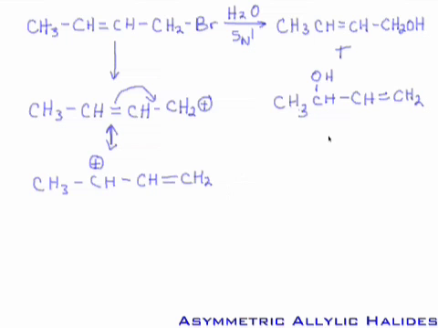And although you would never be able to predict this, just so you can see what the product distribution typically is, you get about 56% in this reaction of but-2-ene-1-ol, and 44% of but-3-ene-2-ol. Okay, so there you have it, SN1 with allylic.